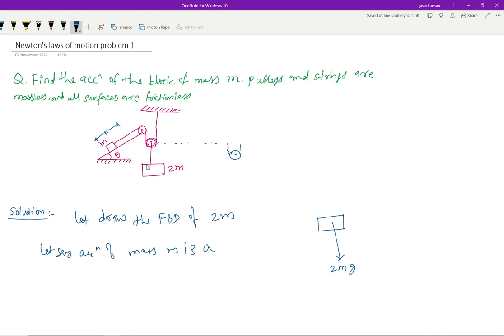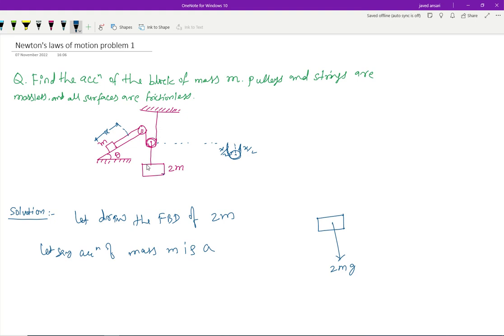So this string length x should be covered in both of these, right? Because the string is not stretchable. So this should be x by 2 and this should be x by 2, so that the descent of this pulley is x by 2. So that this whole length of the string will become x.